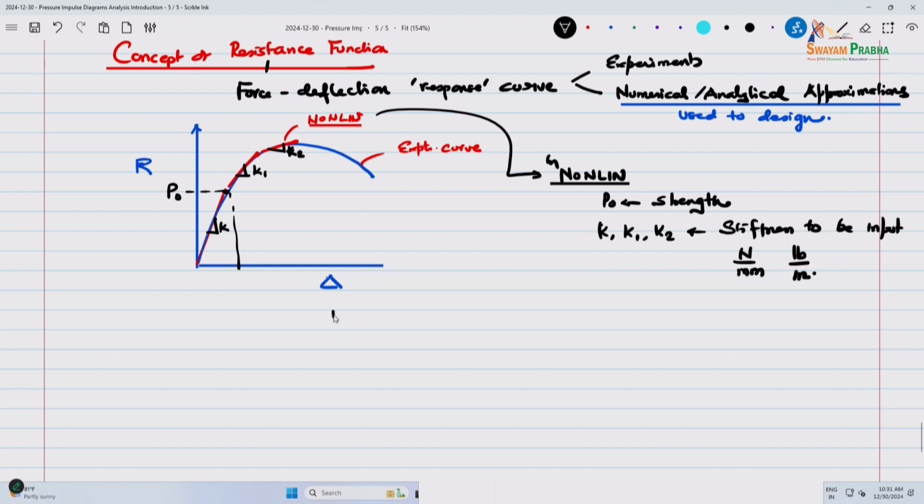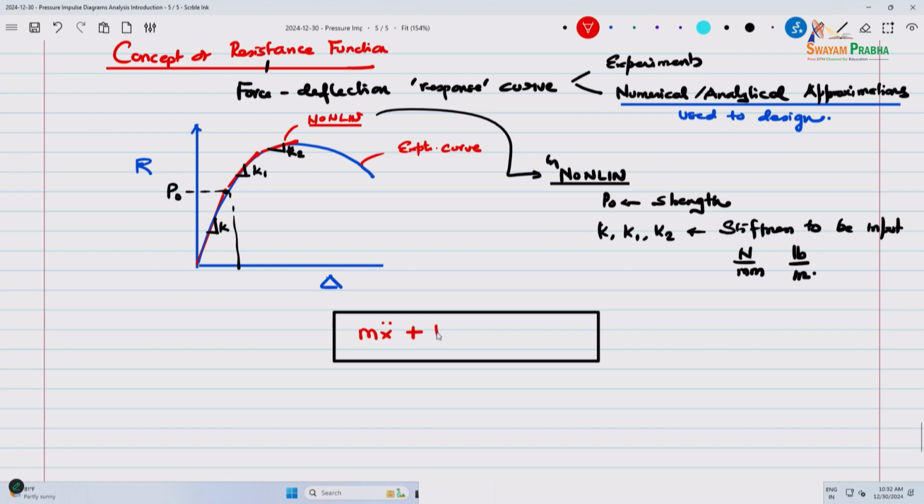So the equation for solution in non-lin is written as mx double dot plus r instead of kx, or if you are developing your own. So far we have talked of mx double dot plus kx, right?